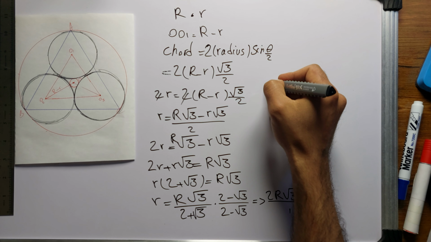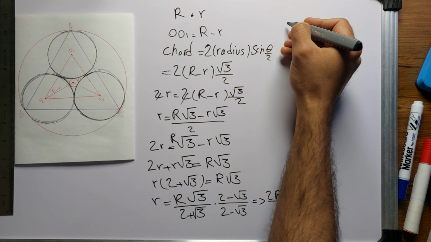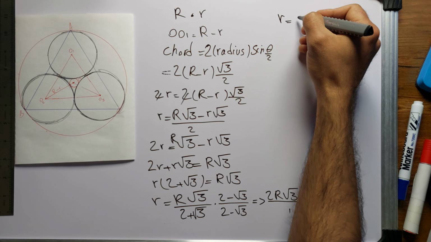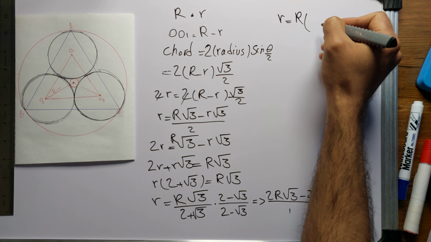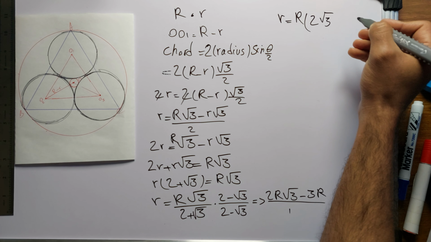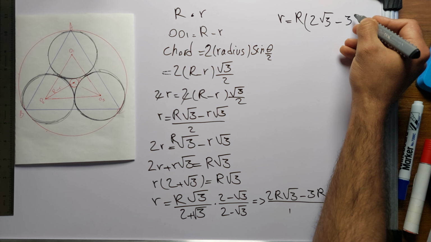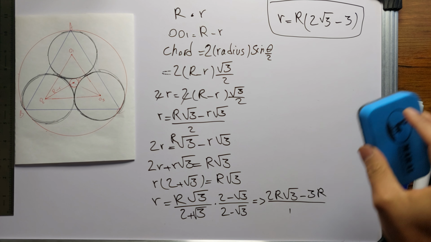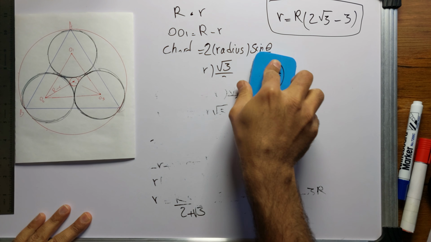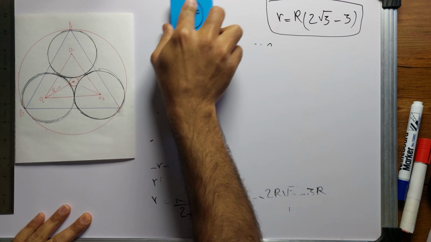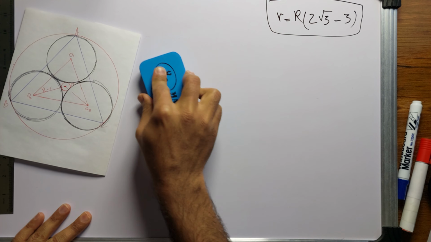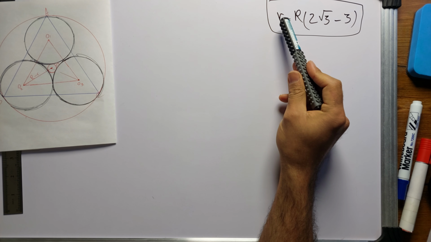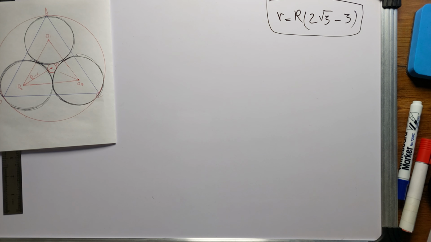So we can say that small r equals, so let's factor R out, R times (2 square root of 3 minus 3). So, and let me just wipe out the whiteboard here. So this is the relationship of the small circle radius in terms of the big circle radius.